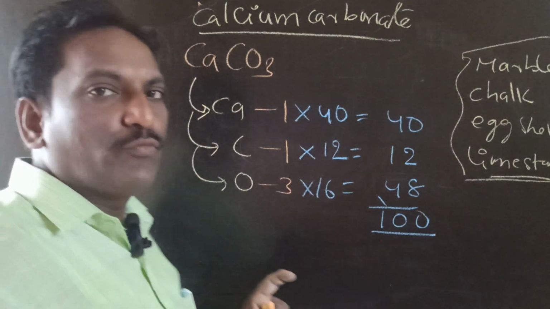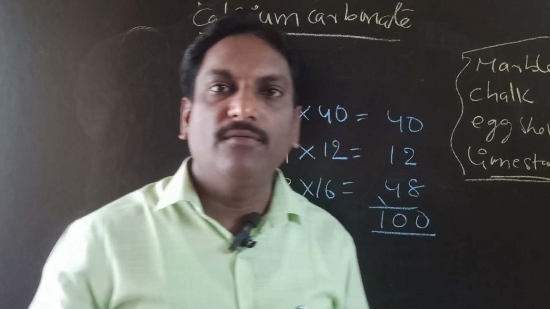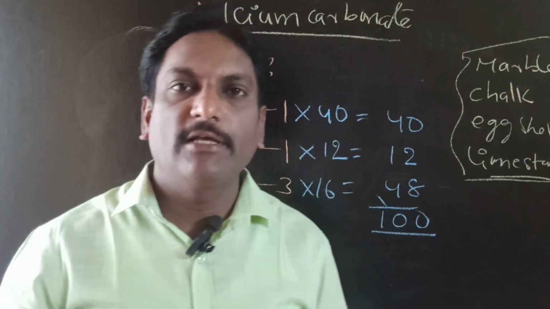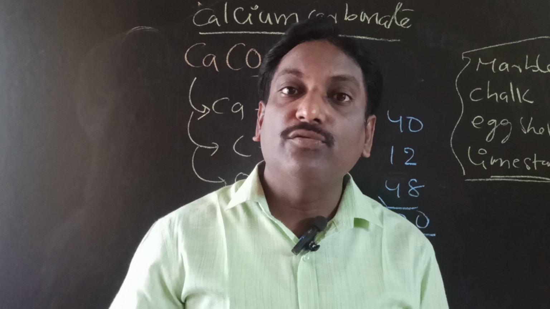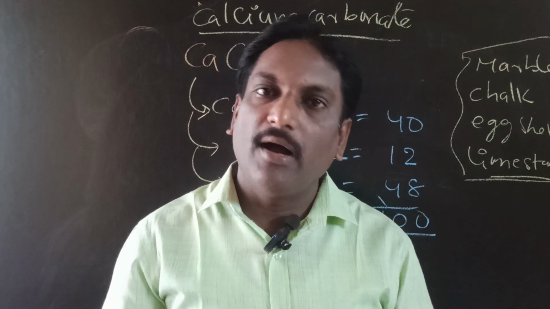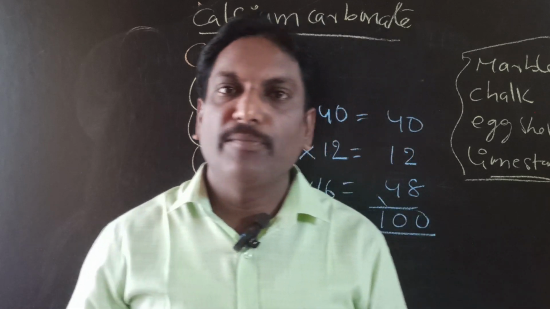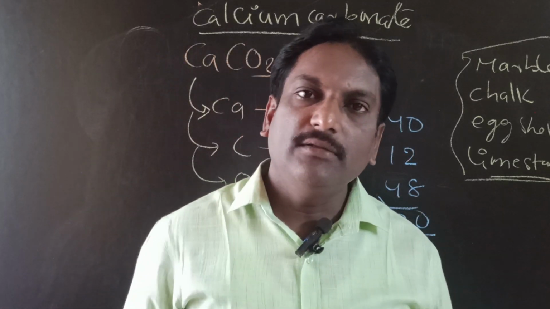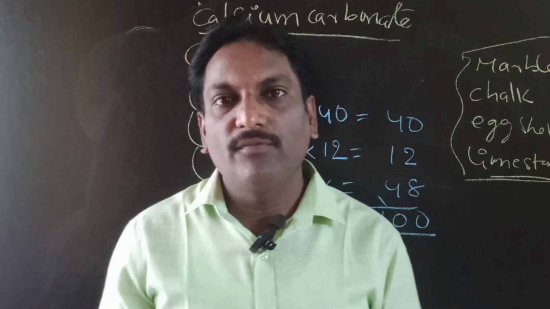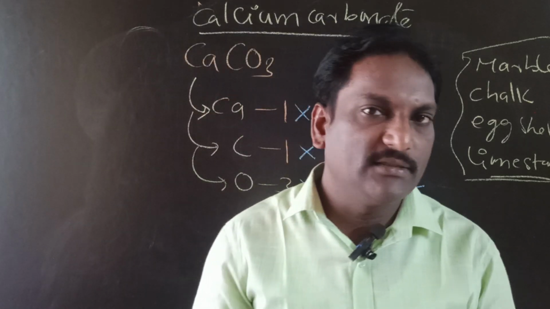So in this way we need to calculate the molecular mass of any compound. Please remember, if you want to calculate the molecular mass of any compound, we have to know the formula. If you want to know the formula, you have to know the ions. Ions crisscrossing make the formula. I have done one video on how to write the chemical formula by using ions and what is meant by an ion.